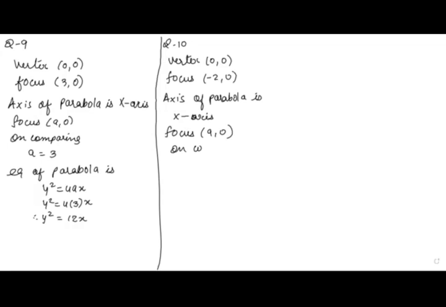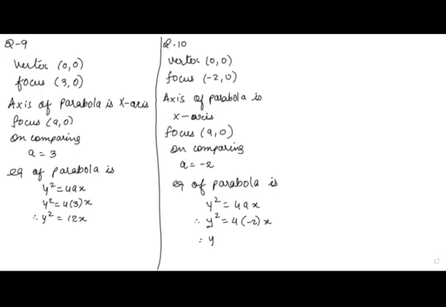So comparing, I will get the value of a as minus 2. So the equation of the parabola in this case will be y square is equal to 4ax. Keeping the value of a as minus 2, I will get y square is equal to minus 8x.